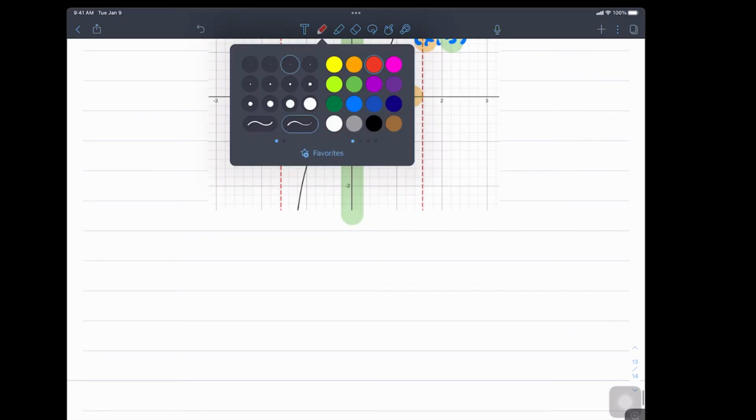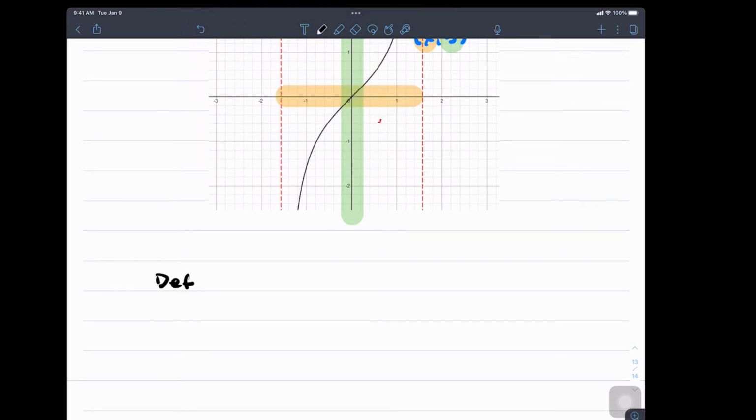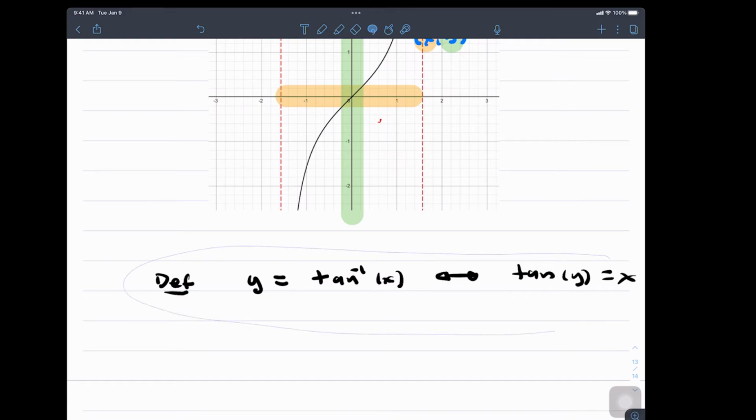And so now I'll give you the definition here, like your book does. Your book's going to say y equals inverse tangent of x, switching domain and range, is equivalent to saying tangent y equals x. That's the same exact statement.